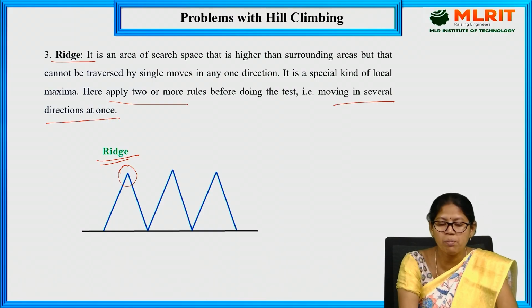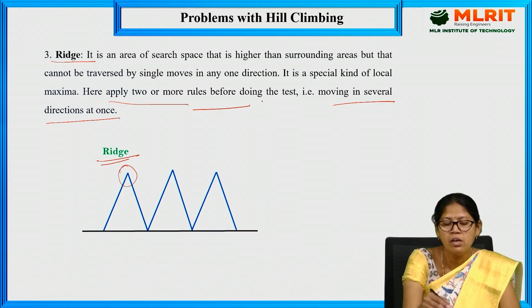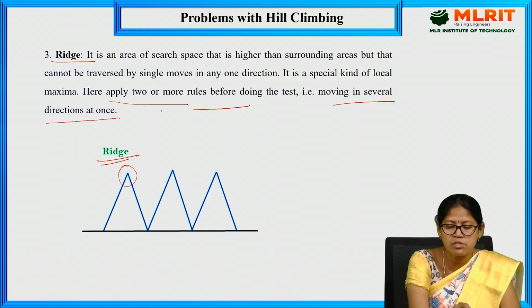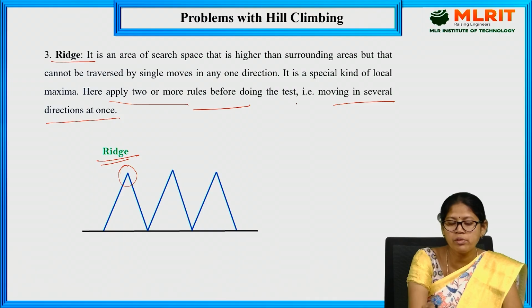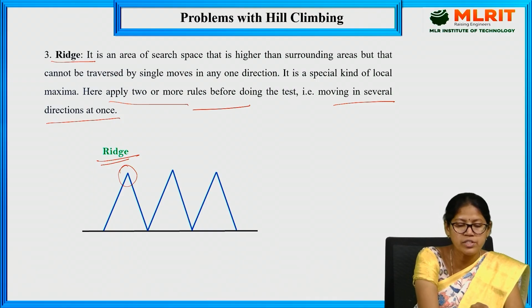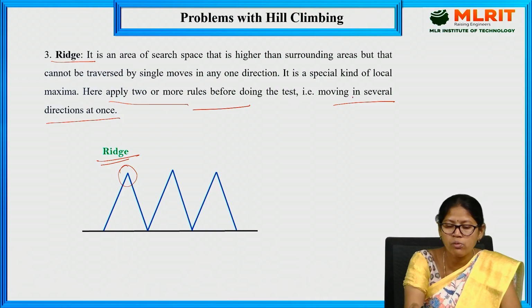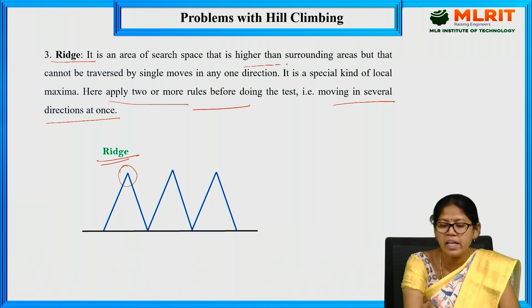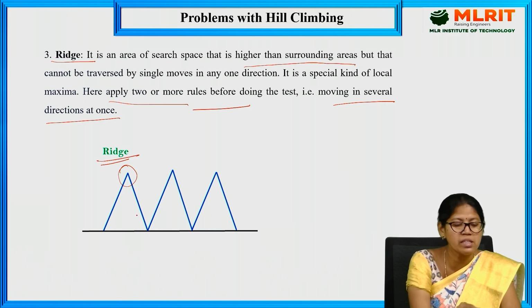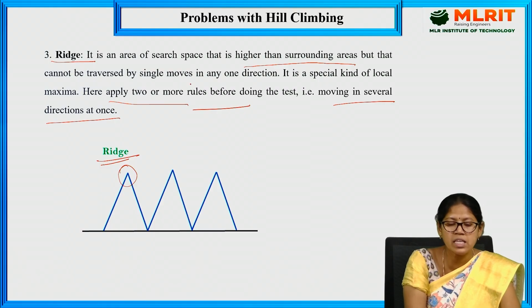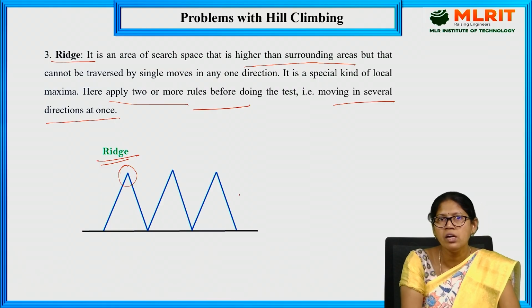But hill climbing won't apply these rules. The temporary solution is that we need to apply two or more rules before doing the test. So a ridge is a special kind of local maxima, an area of search space that is higher than surrounding areas, but that can't be traversed by single moves in any one direction.